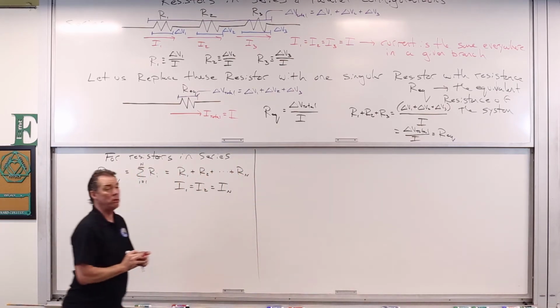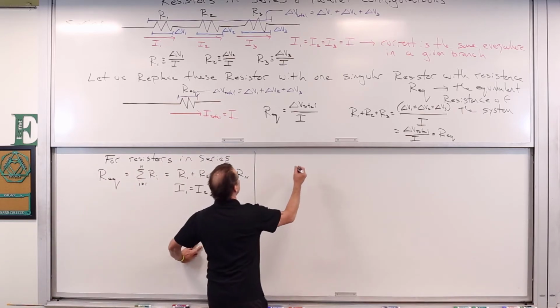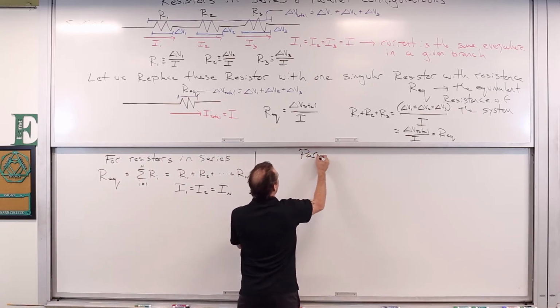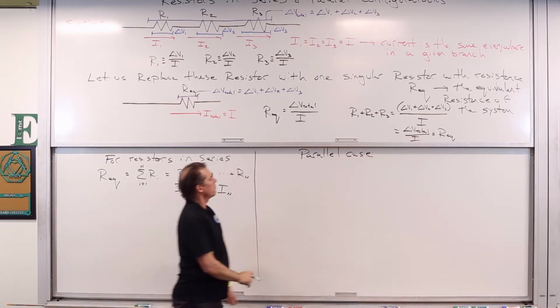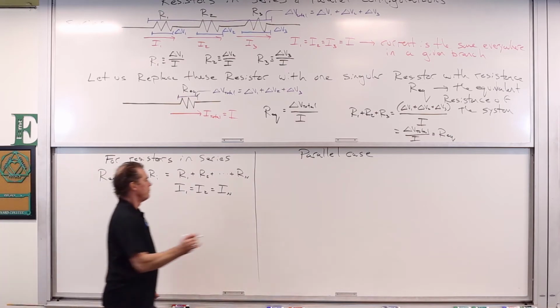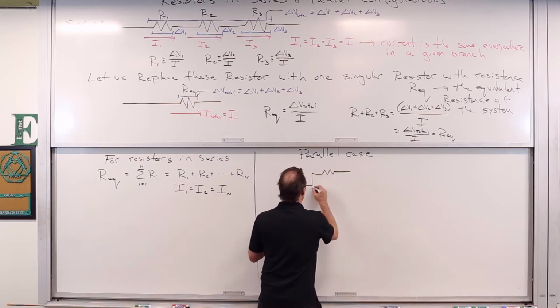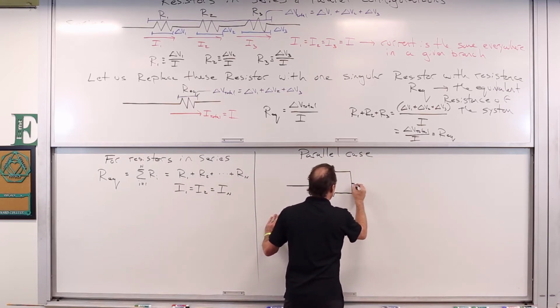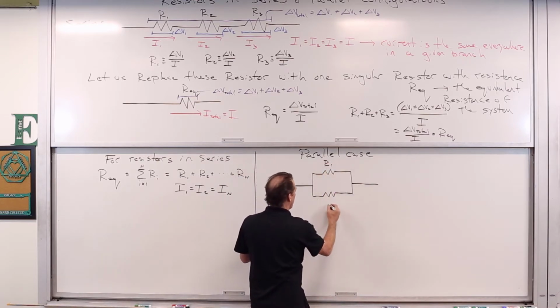What else do we want to do? We want to do parallel. So let's consider parallel. Parallel case requires a little bit more care, but ultimately, we've got this. This would be an R1.